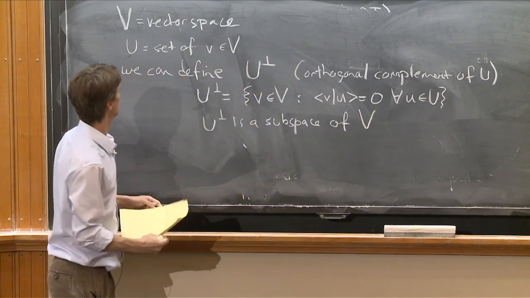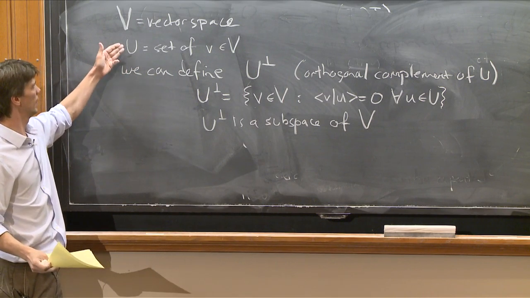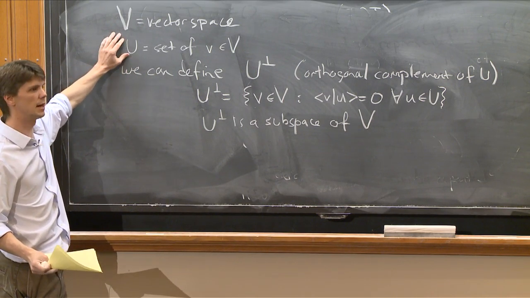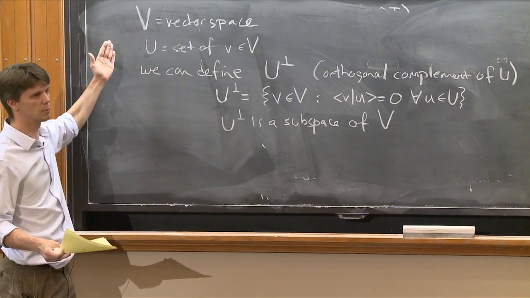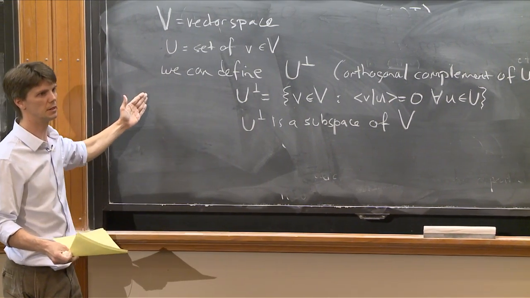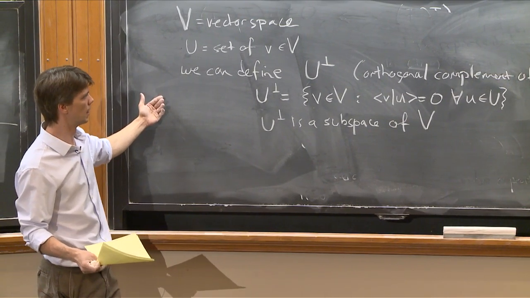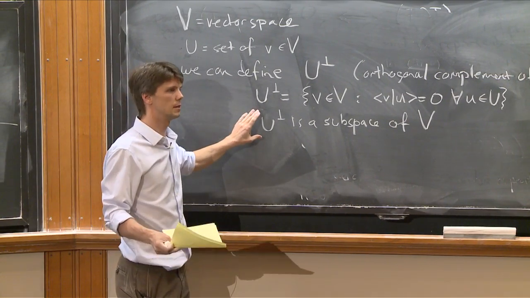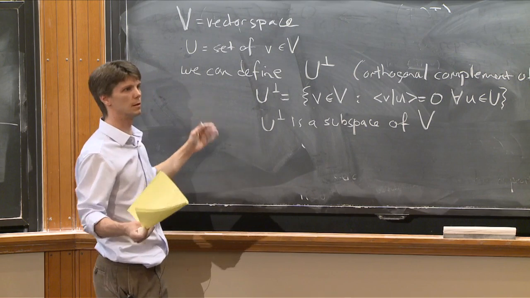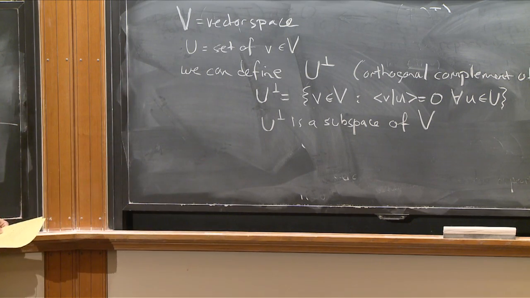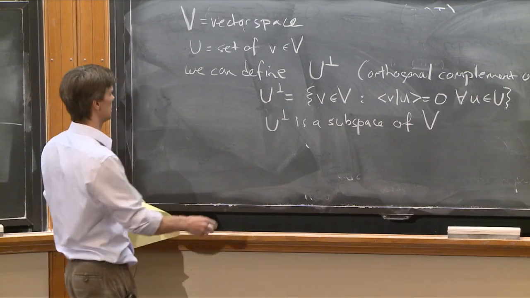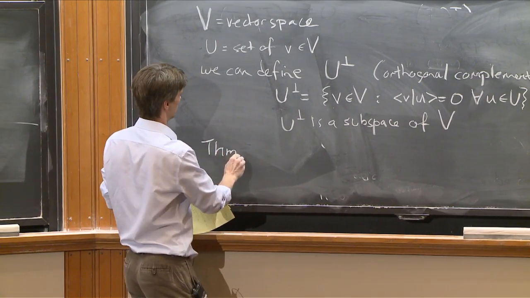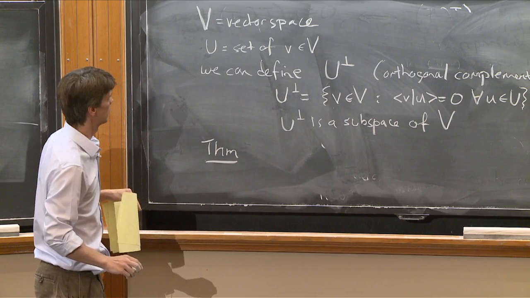If I took my example of choosing the x direction and y direction for my set, then everything perpendicular to the x direction and y direction is actually everything perpendicular to the xy plane. And that is actually a subspace of R3. There's a nice theorem that you can think about, but it's actually kind of obvious.